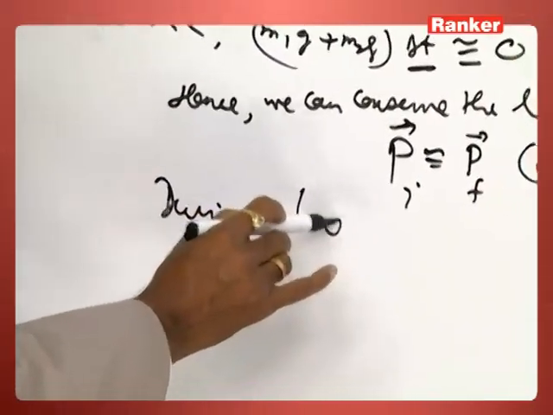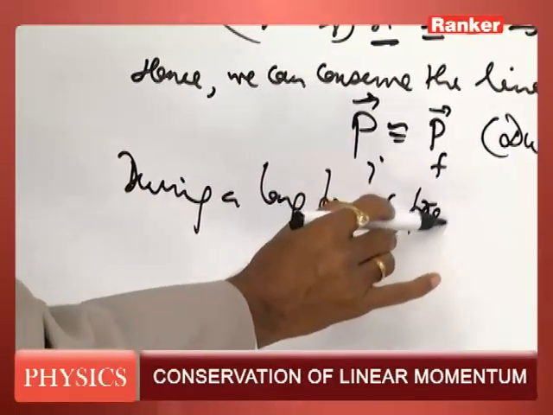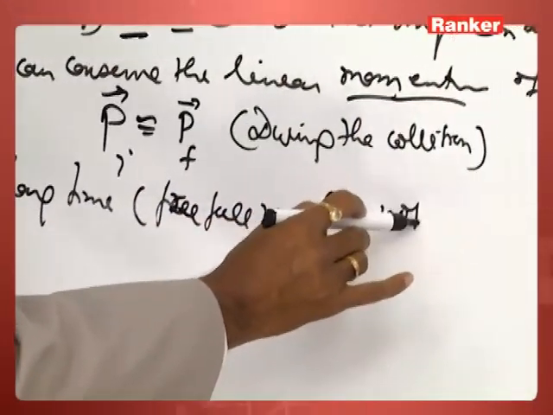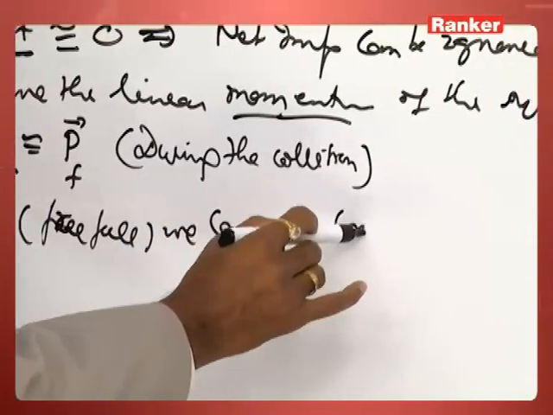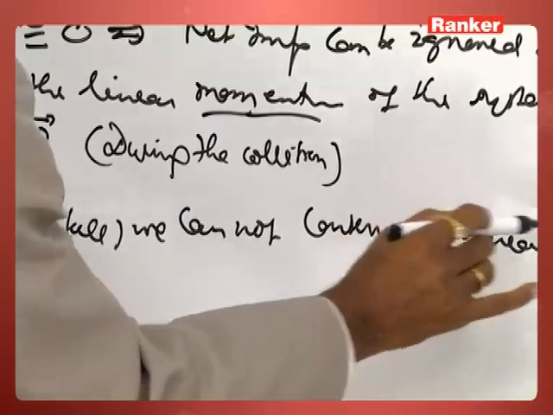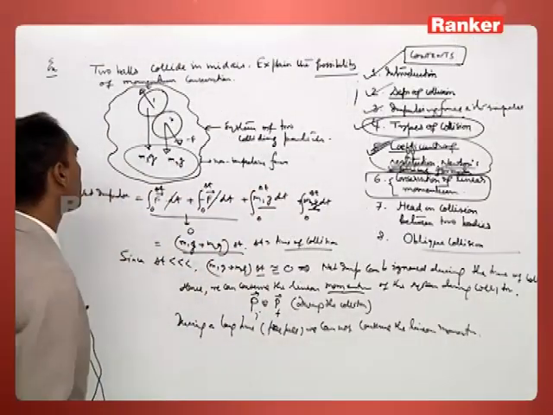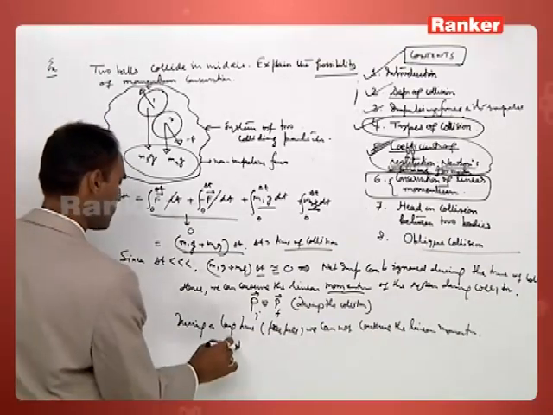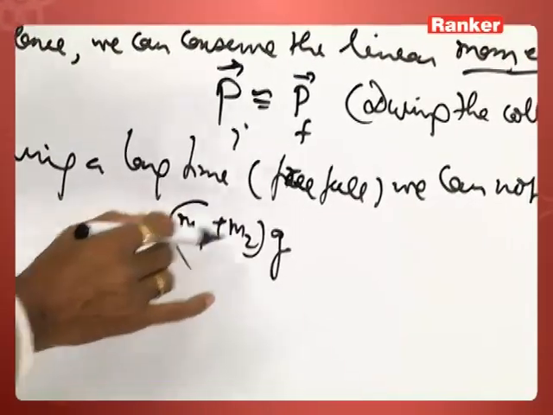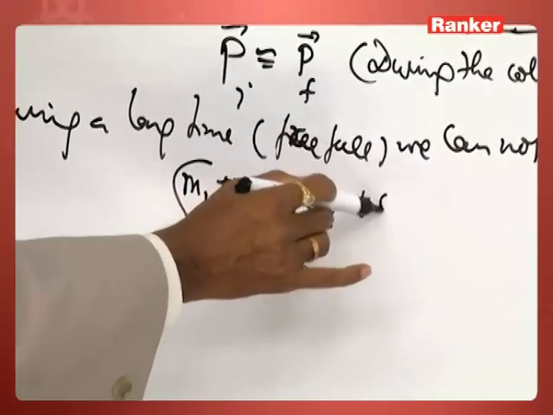Therefore, during a long time, in free fall, we cannot conserve the linear momentum, because the gravitational force acting on the system, that is (m1 plus m2) g dt, is not equal to 0.